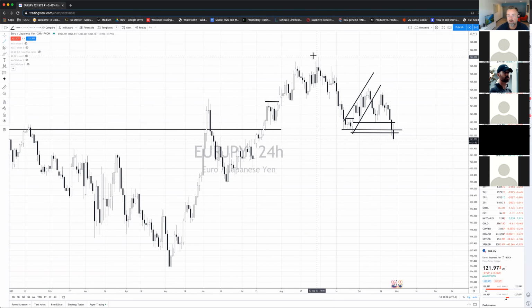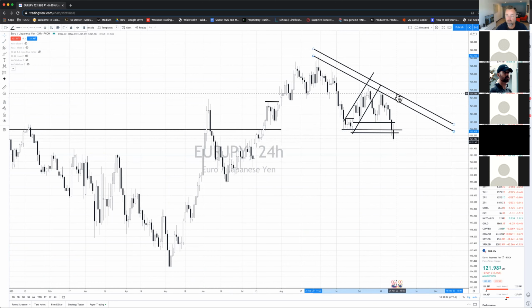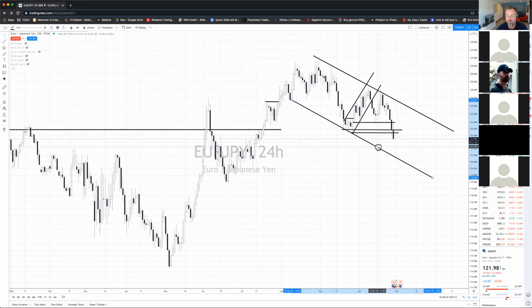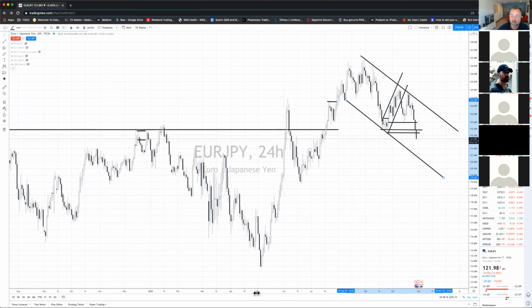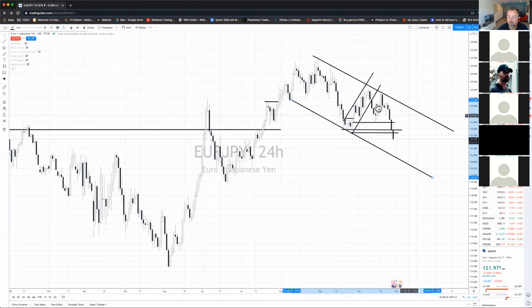So this could be a bull flag, a major market top. You know, this would be an inverted head and shoulders. Breakdown there. We have a low base that broke.